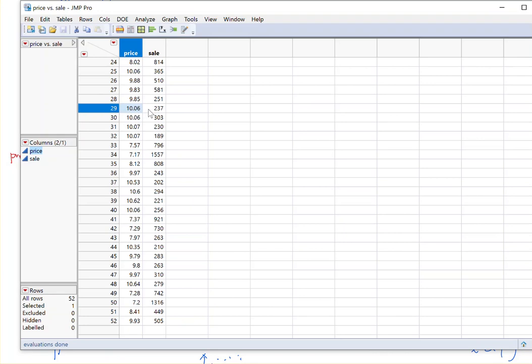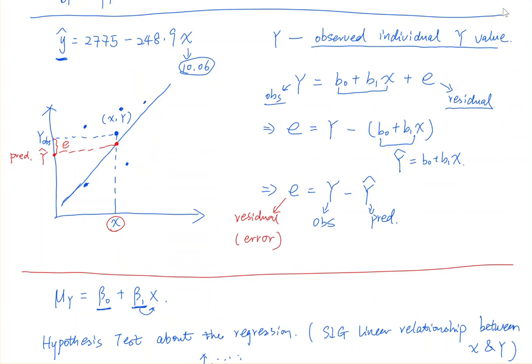And the corresponding 237 is what? The 237 is the corresponding observed y, right? Okay, now if I plug the value of x into my regression, do you get exactly 237? Of course not, right?